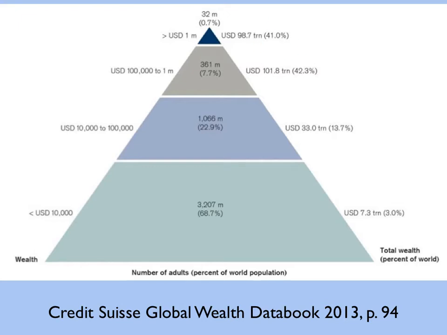So more than 80% of the total wealth in the world is owned by a little more than 8% of the population. So yes, wealth is not equitably distributed.